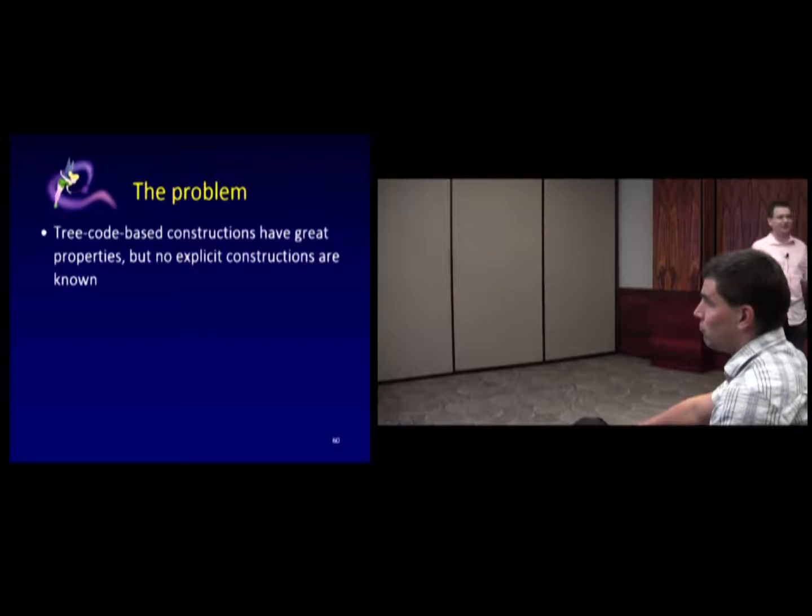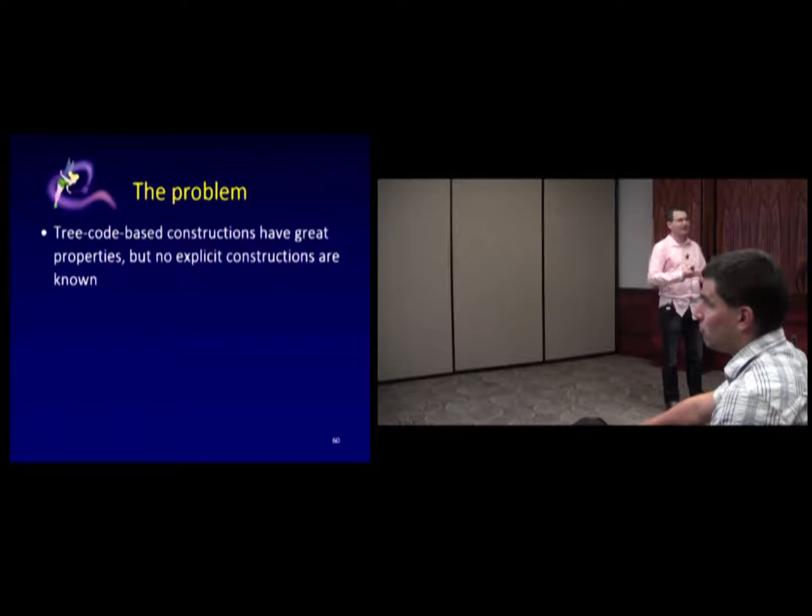Maybe it's incidental that it's useful, but by now it seems that, specifically a tree code as it was defined, maybe we can avoid using, but things like it seem to be essential if you want to push your error rate to the limit.